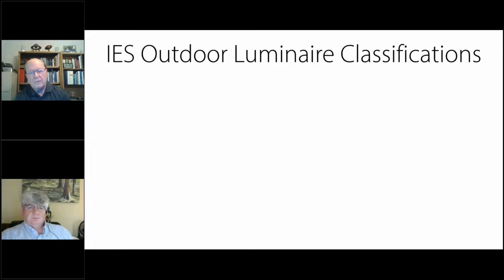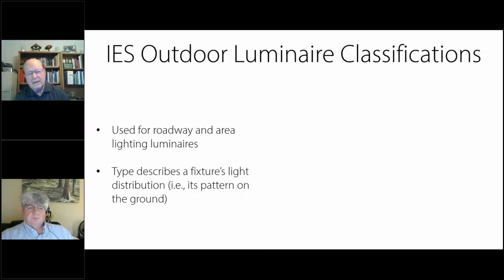What we want to do is first introduce you to the IES luminaire classifications. These classifications are used for roadway and area lighting, both types of luminaires, and the type describes the distribution and the pattern on the ground.